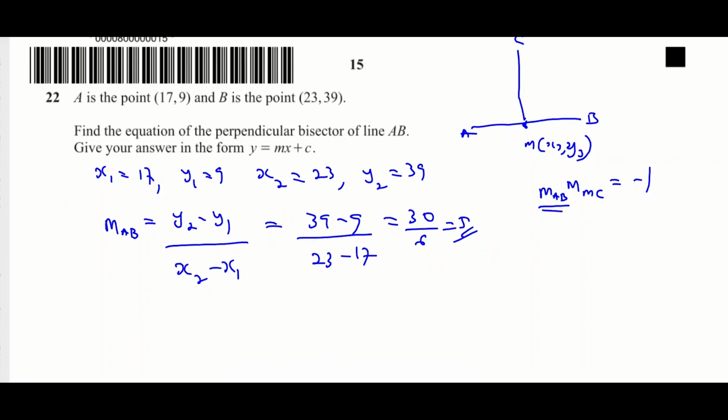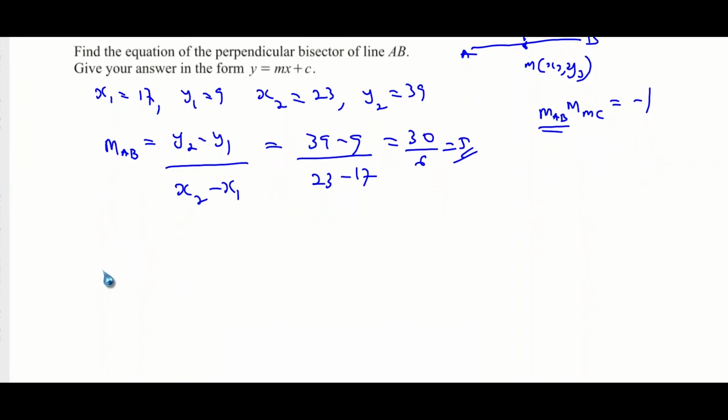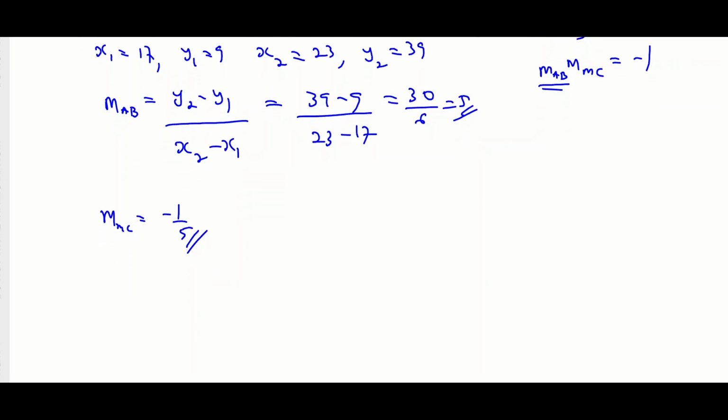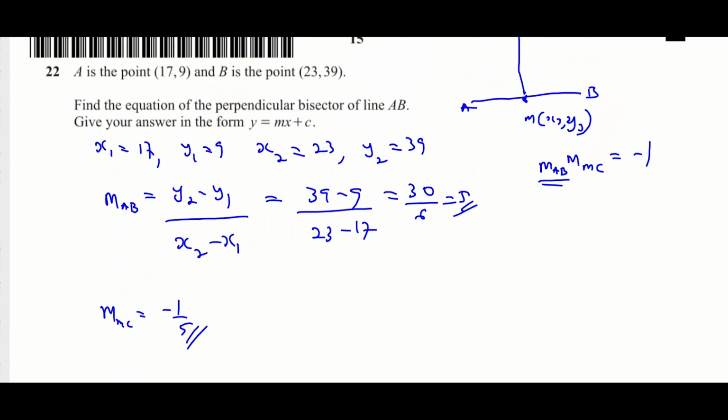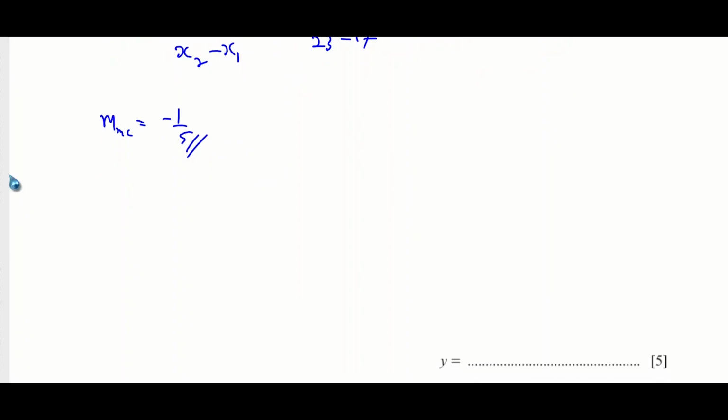Since we know the gradient of AB, then the gradient of MC will be equal to -1 over 5 straight away. Then we need to find where the equation passes through, that is x3 and y3. So x3 will be equal to x1 plus x2 over 2.